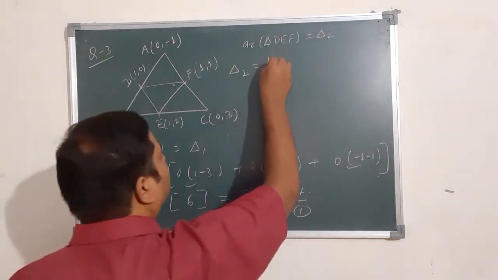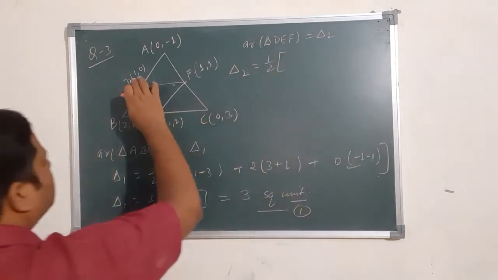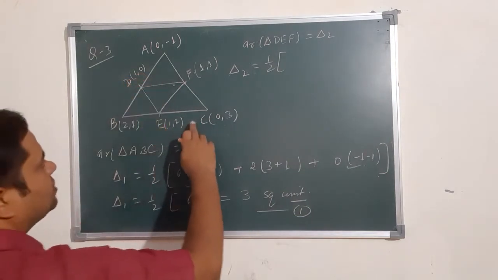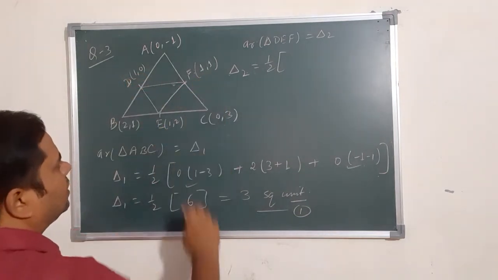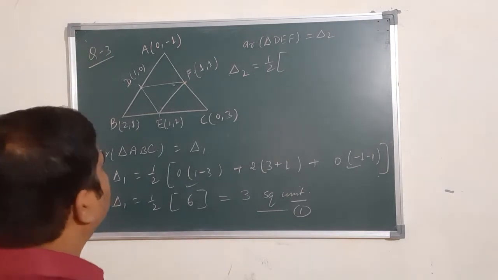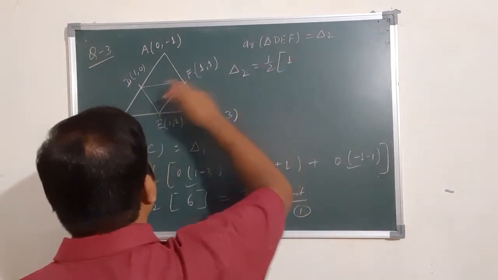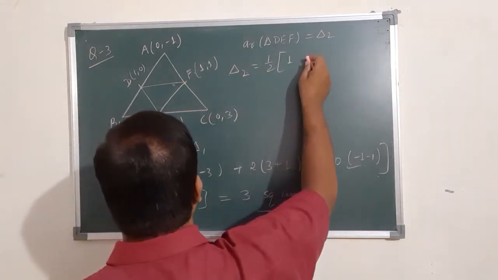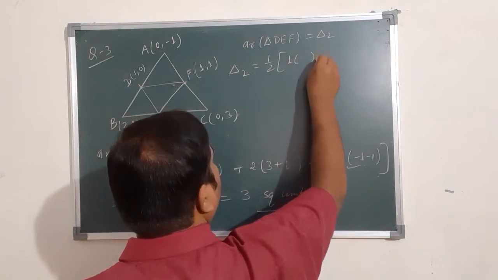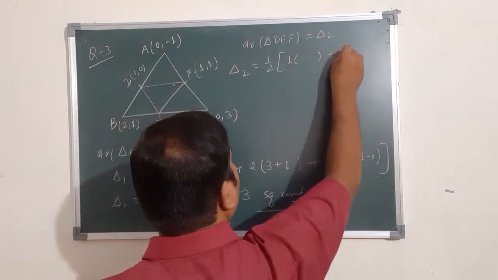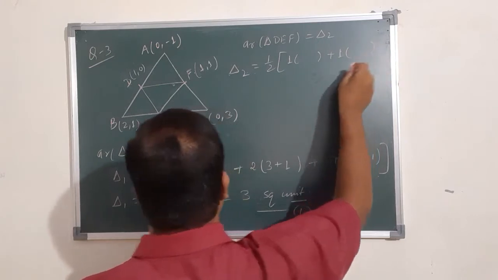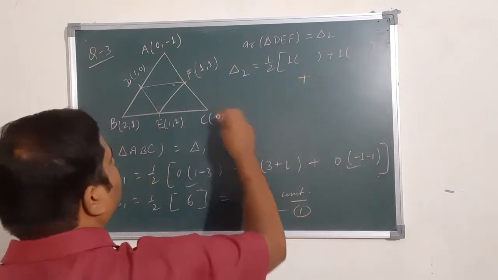So 1 by 2, again x1, x2, x3. So x1 is 1, x2 is 1, and x3 is 1.